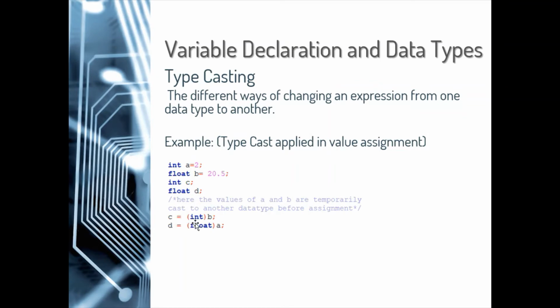So, here what happens is your B variable is temporarily converted into an integer from float, kay float man siya, and stored in a C nga variable which is an integer. In this case, ang masulod kang C is only the 20. Wala na ning 0.5.